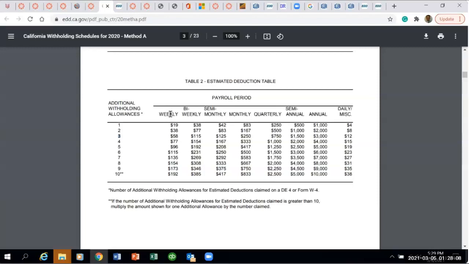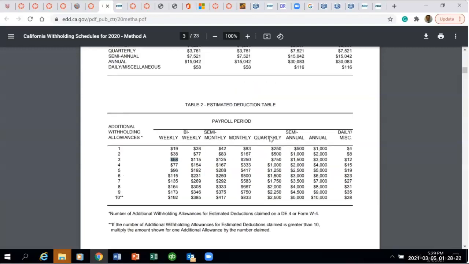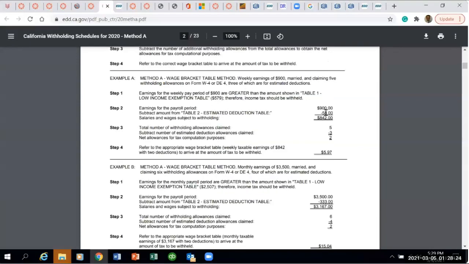So weekly, 3 additional allowances give you a $58 deduction. Not a credit, but a deduction. So 900 minus 58 gives you $842 subject to withholding.